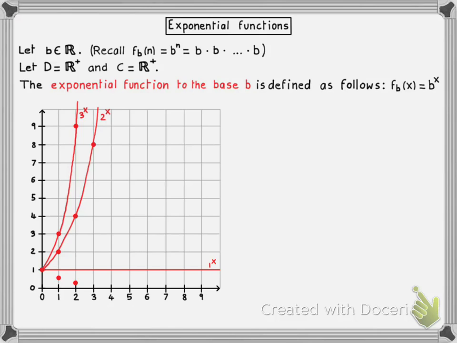And you see that what happens is the larger x is, the closer 1/2 to the power x gets to 0. So when the base is less than 1, the function is strictly decreasing and it tends to go towards 0 as x increases towards infinity.